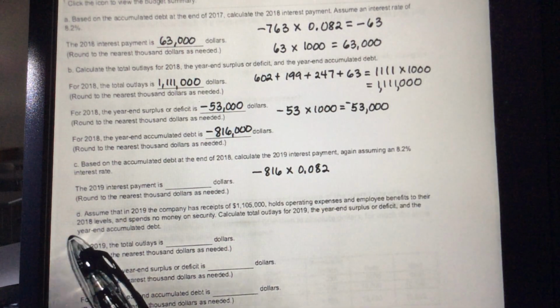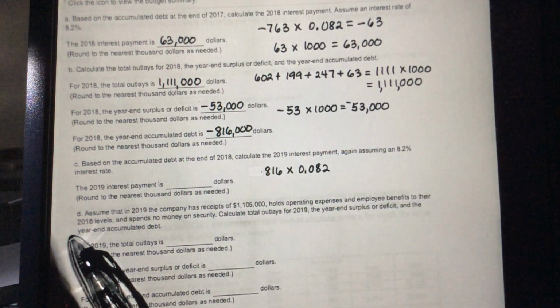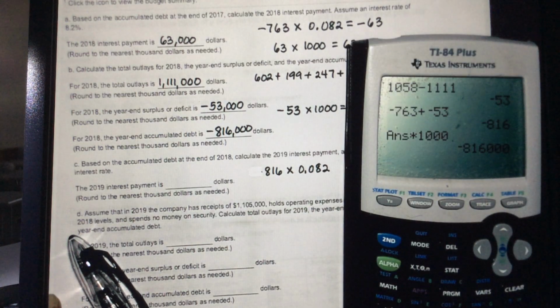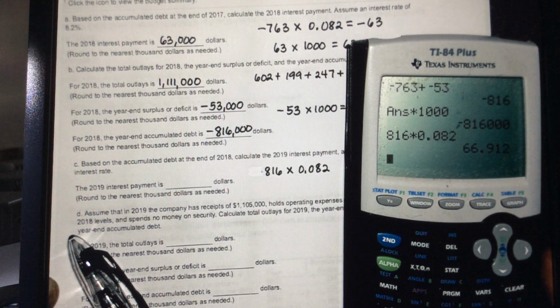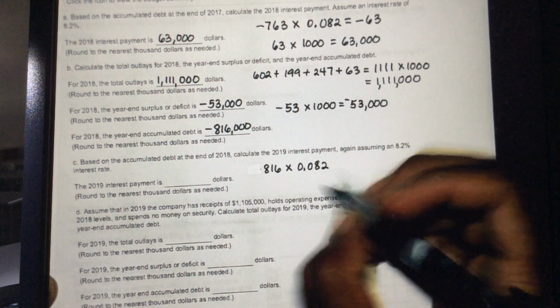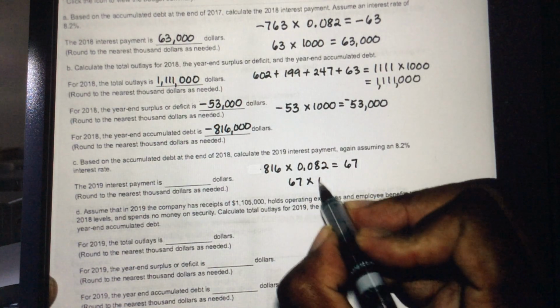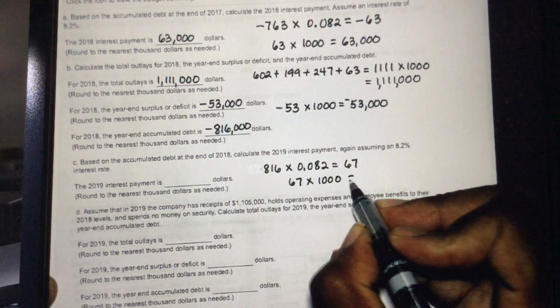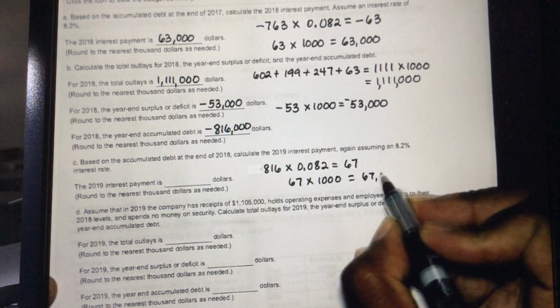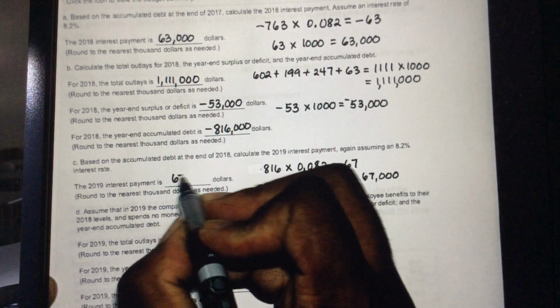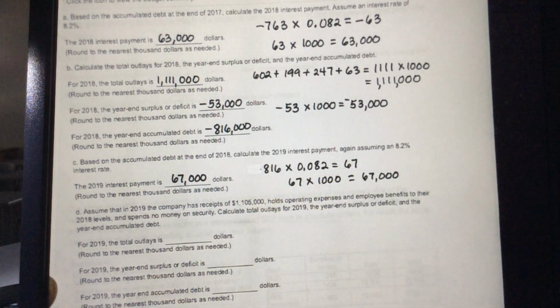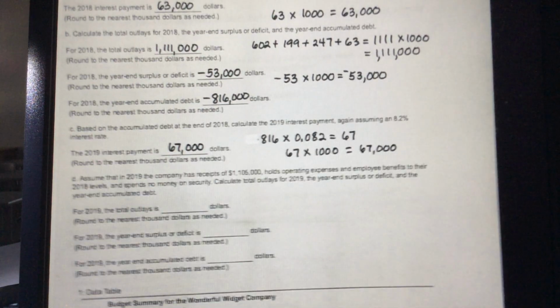And let me go ahead and drop off the negative because the interest is going to be a positive number. So 816 times 0.082. And to the nearest whole number, that's going to be 67. And this is again in thousands of dollars, so we need to multiply by 1,000. So it'll be $67,000. That would be the interest payment for 2019.